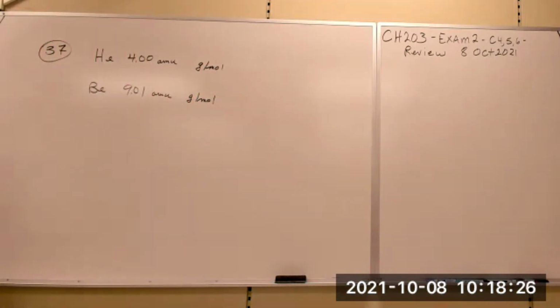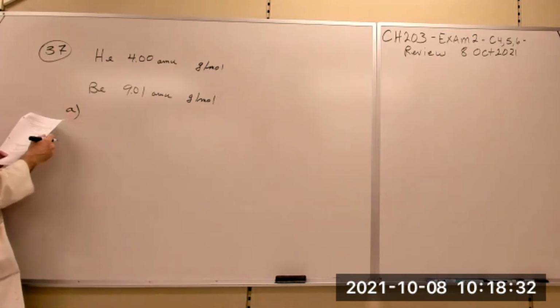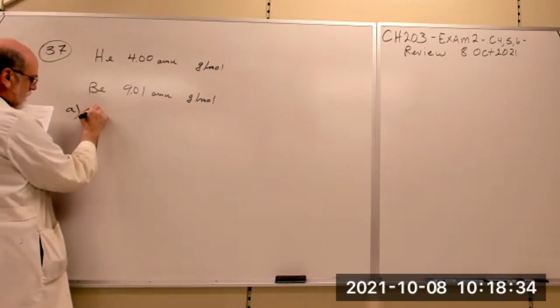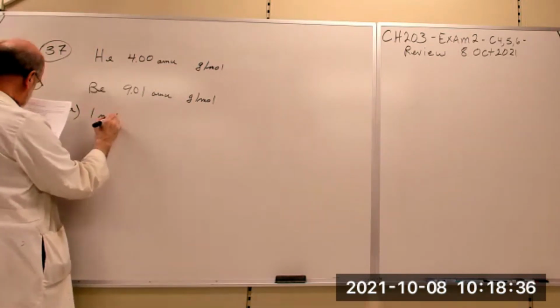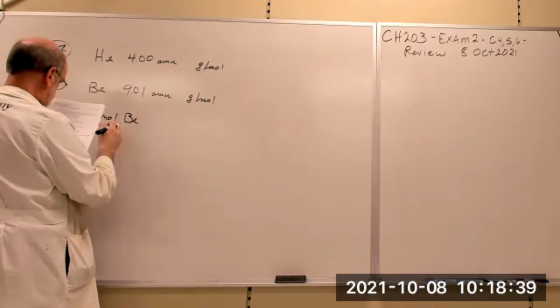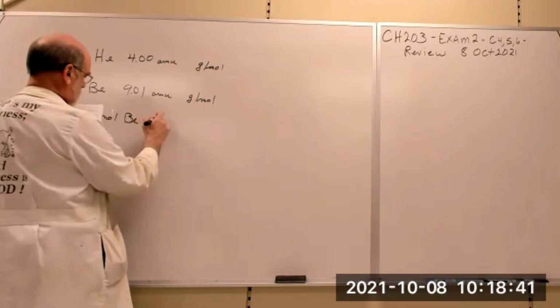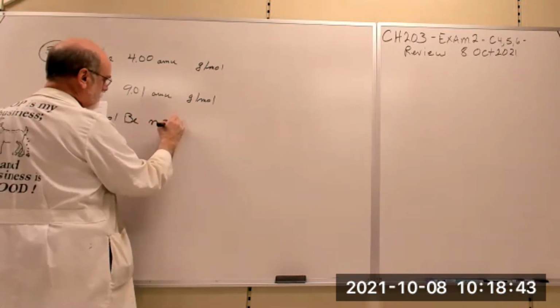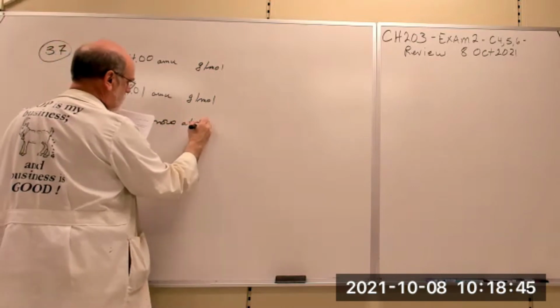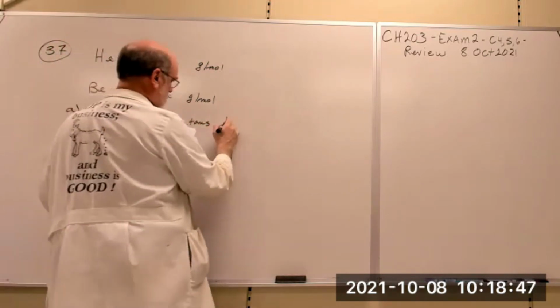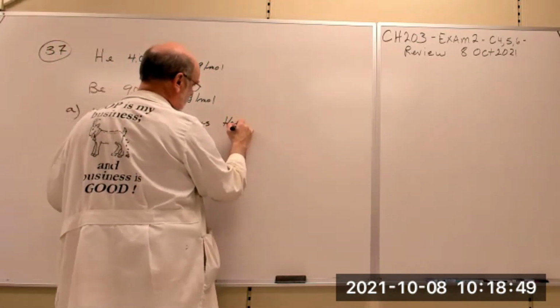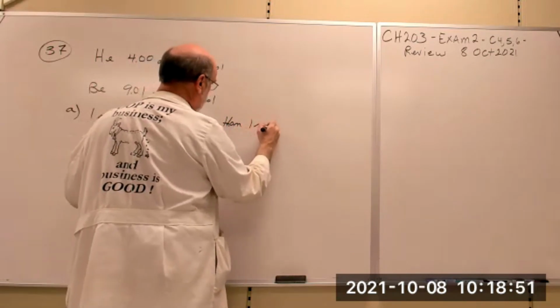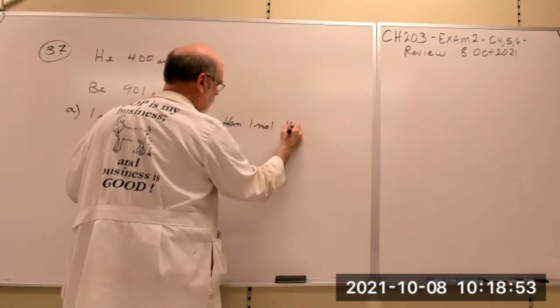Okay, get those straight off the periodic table. Which of these following statements is true? 1 mole of beryllium has more atoms than 1 mole of helium.